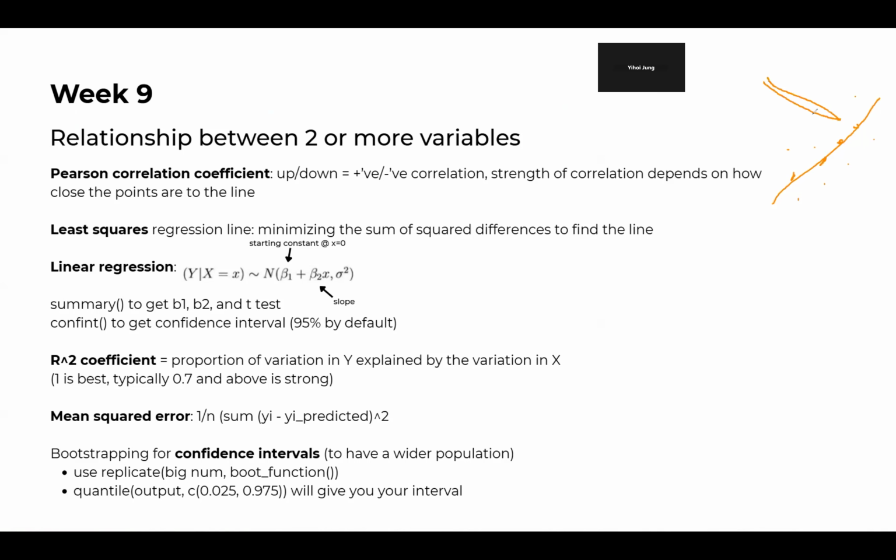You can also have negative correlations, so you can have a line that goes down to indicate the negative correlation. But what matters is the strength of this correlation. Whether it's positive or negative, how close the points are to the line determines its strength.